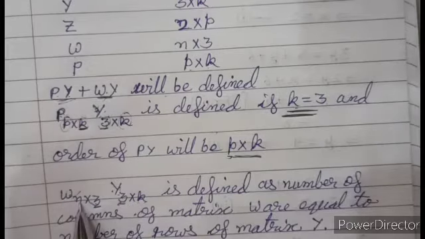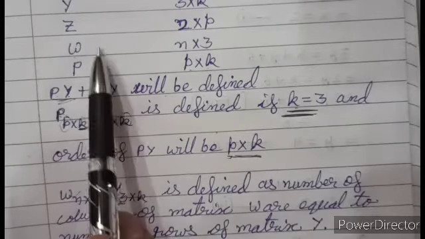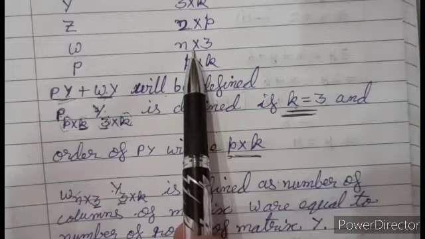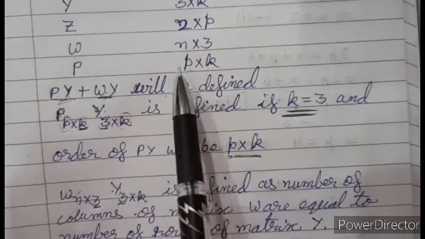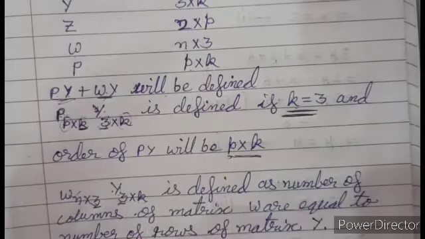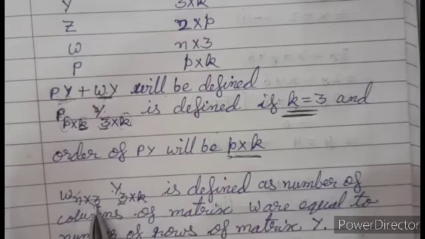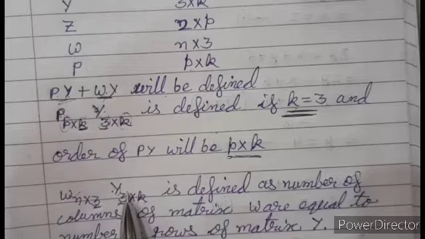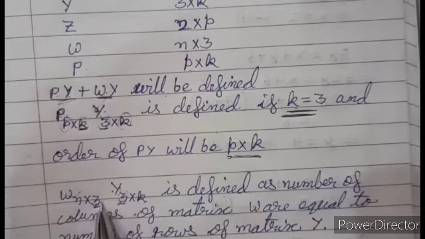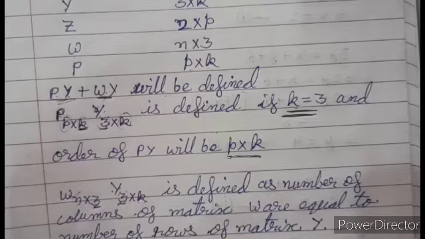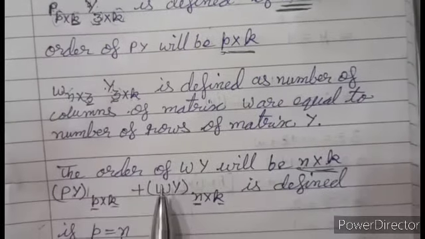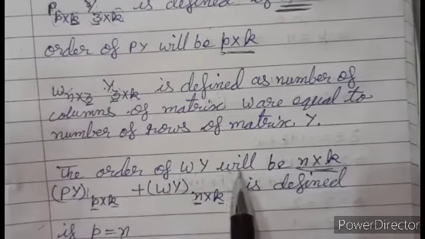Now W is of order n by 3, and Y is of order 3 by k. It is defined if number of columns of W is equal to number of rows of Y, and here both are equal, so we can say that WY can be obtained and its order will be n by k.